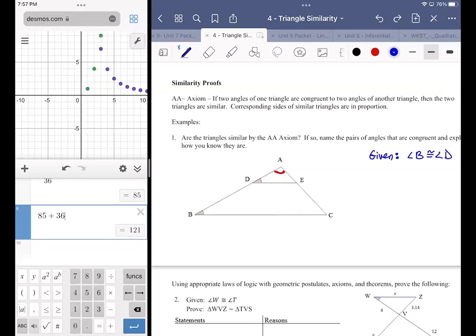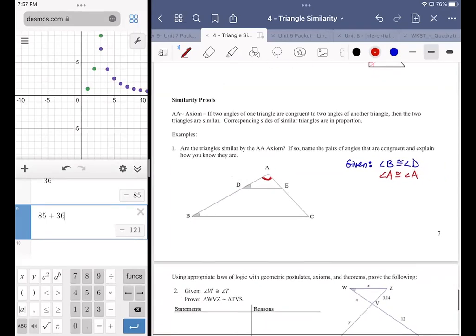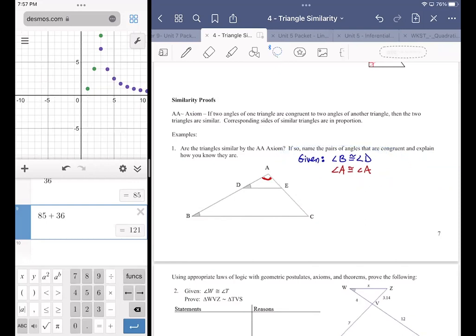So what I would say here is that angle A is congruent to angle A, which seems like a really weird thing to say, but if you remember back to the last unit, that's the beautiful property known as the reflexive property.